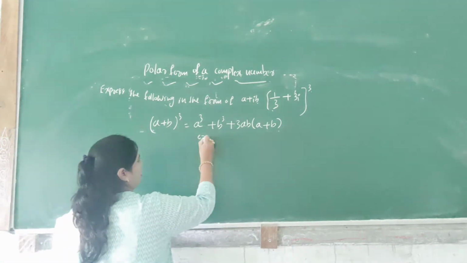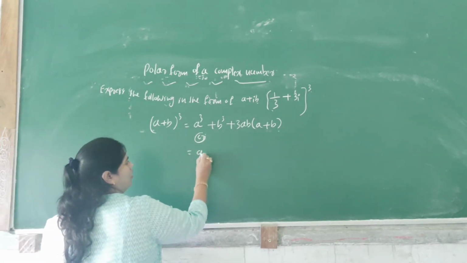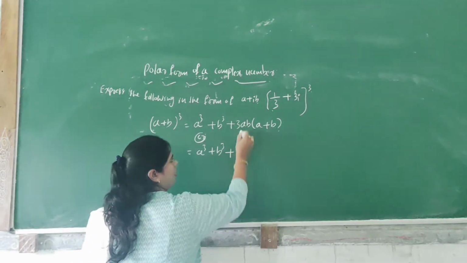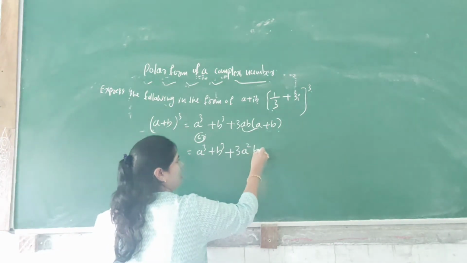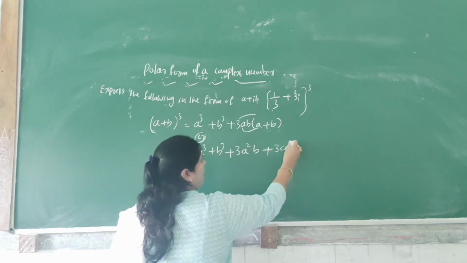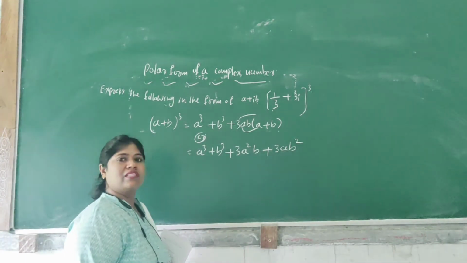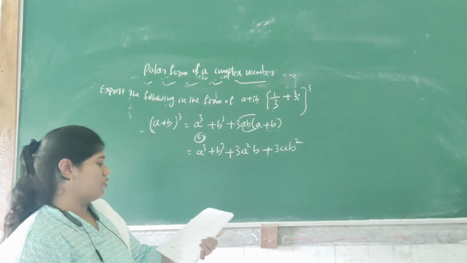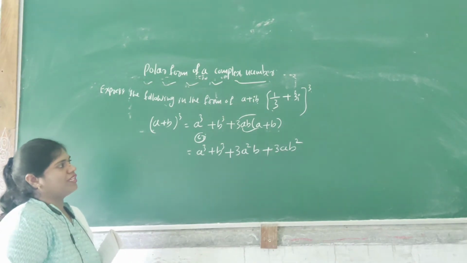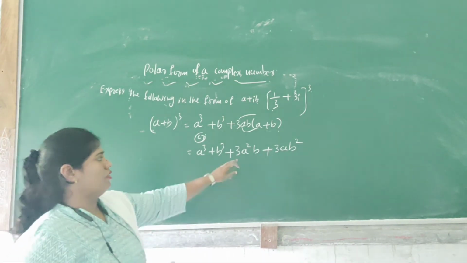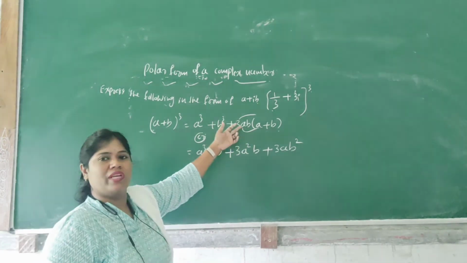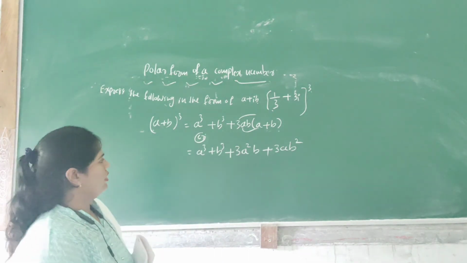Or we can write like this also: a cube plus b cube plus 3a square b plus 3ab square. Okay? This one is important, so better go for this. If it is the other form, you may get confusion. Okay? Better go for this.